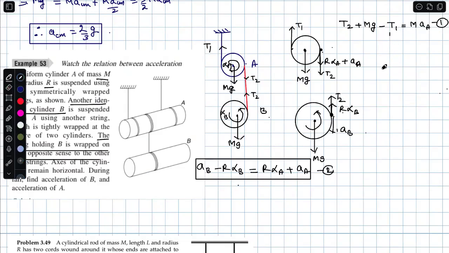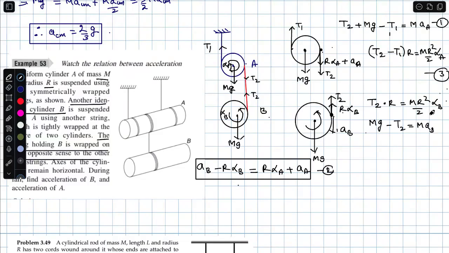The next part. See, for this torque equation, T2 minus T1 times R is mr square by 2 times alpha A, equation 3. For this torque equation, T2 times R is equal to mr square by 2 alpha B, and mg minus T2 is M AB, equation 4, equation 5.